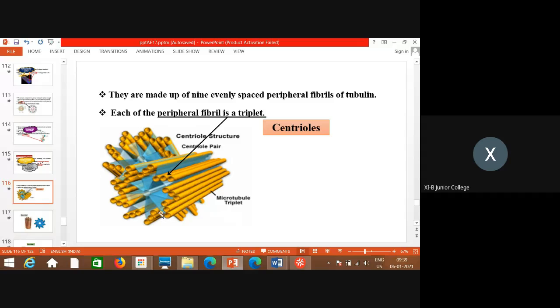So these are all peripheral, present at the peripheral region. This is what is called the peripheral fibril, in triplet form. These fibrils are present 3 together, so that is what a triplet is. These peripheral fibrils are made up of tubulin. This is the structure of the centriole. These are all microtubules in triplet form and they are present at the periphery.